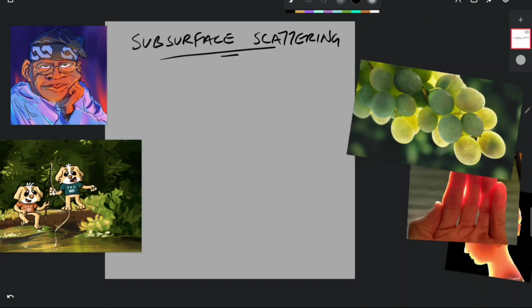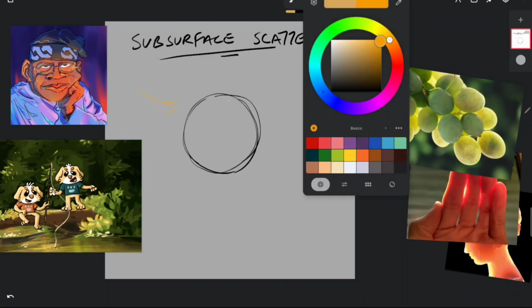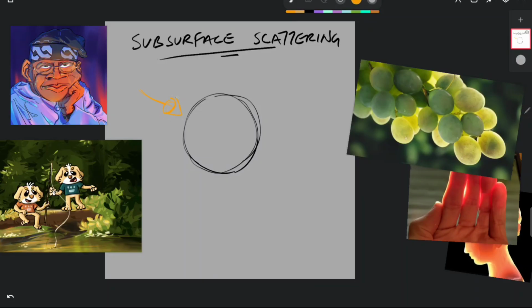So today we are going to be talking about subsurface scattering, and what that means is just the phenomenon where light penetrates or goes through a translucent object and then scatters.